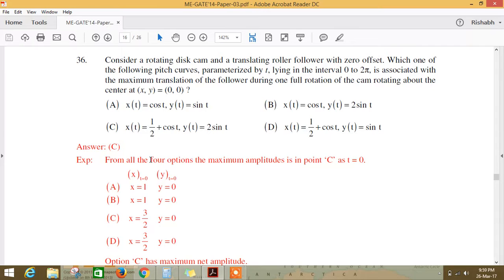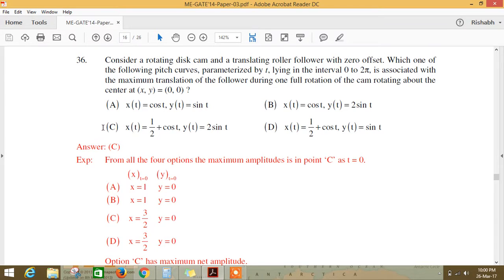You can also do it using calculus. Take x square plus y square as a function, differentiate it with respect to t and equate it to 0. You will get t equals 0, and at t equals 0, double differentiate it and find out the value.